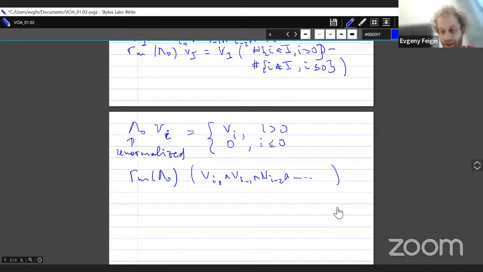Yes, and otherwise we're getting 0. Yes, because, so let's see, maybe this is wrong. So I mean, recall that this lambda 0 becomes lambda 0 minus identity. Yeah. Okay.